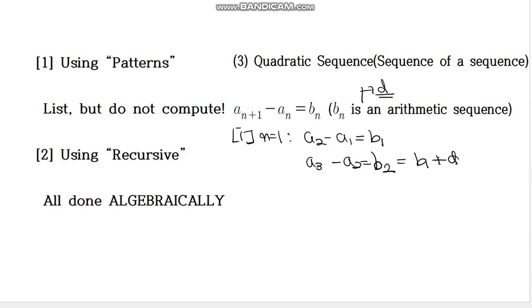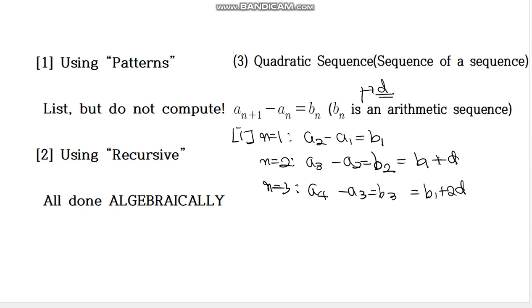Why? Because bn is an arithmetic sequence here. And then a4 minus a3. So I keep plugging numbers into n. I plugged in 2 into n, 3 into n. Then this is b3, and this is b1 plus 2d, right?